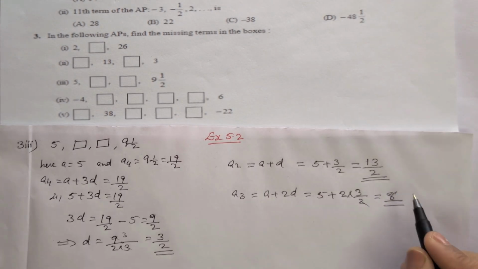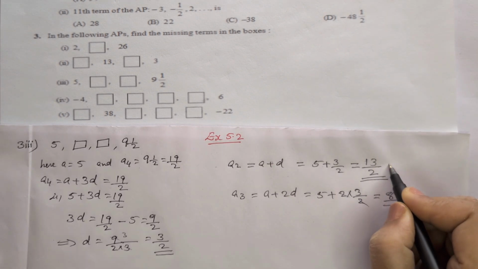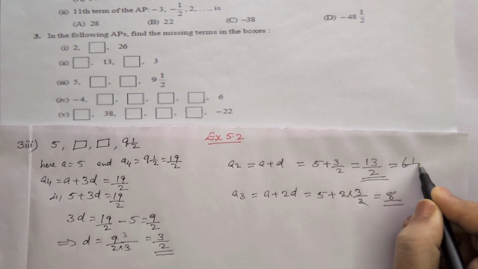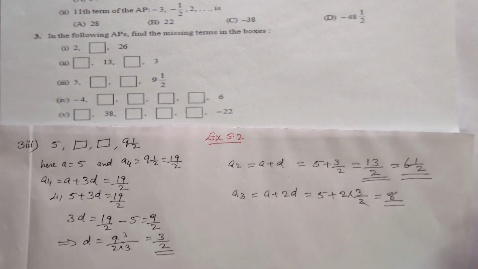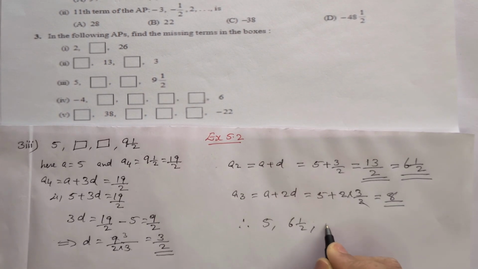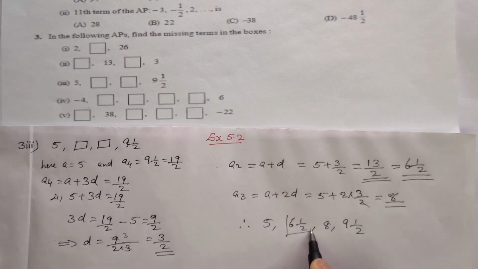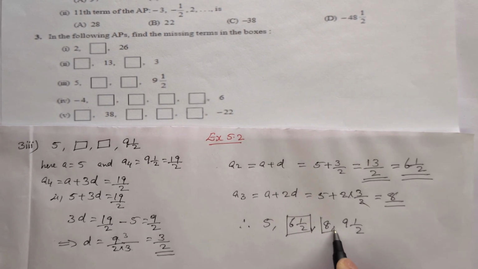So the missing terms are 13 by 2 and 8. 13 by 2, if you want, we can write in mixed fraction form, that is 6 and 1 by 2. Therefore we can write the sequence 5, then 6 and 1 by 2, 8, 9 and 1 by 2. These are the missing numbers.